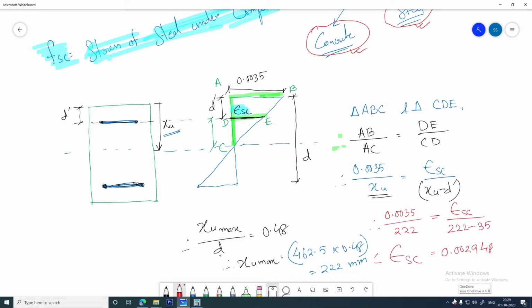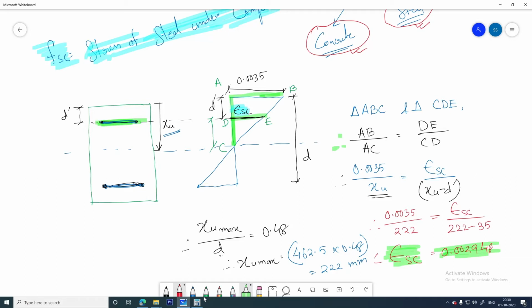Okay, so this is the ultimate strain value at this level where the compression reinforcement is there. Now we need to determine the corresponding stress value at this level. This is the strain we have determined.